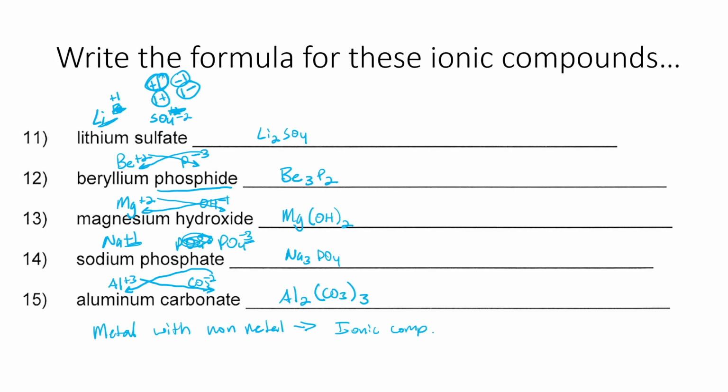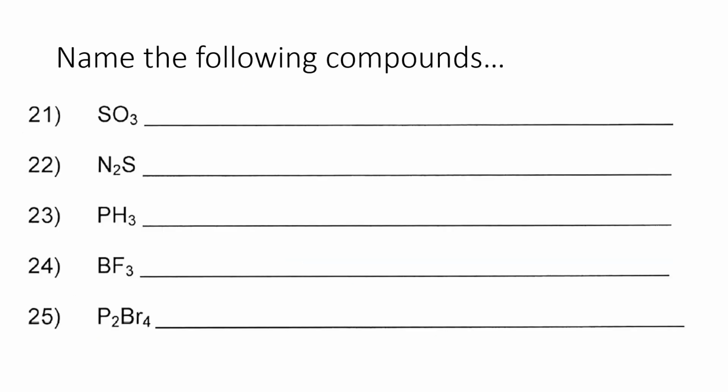We'll dive deeper into what ionic compound means later, but just know that that's an ionic compound, metal with non-metal. And then if you have, for example, these, where you have a non-metal with a non-metal, then these are called covalent compounds.